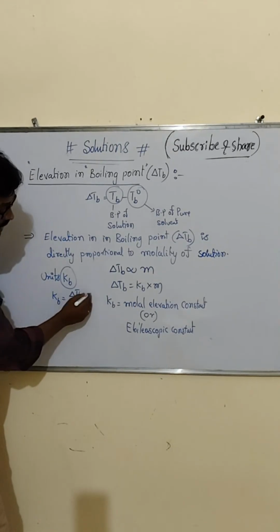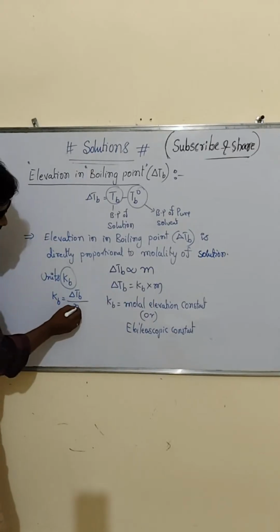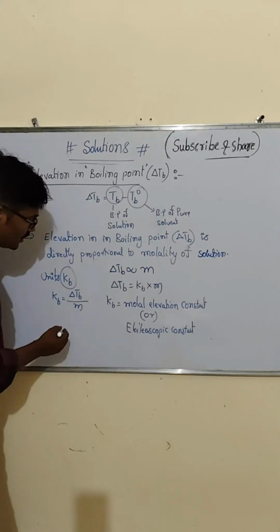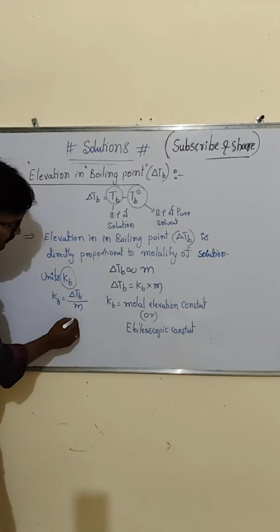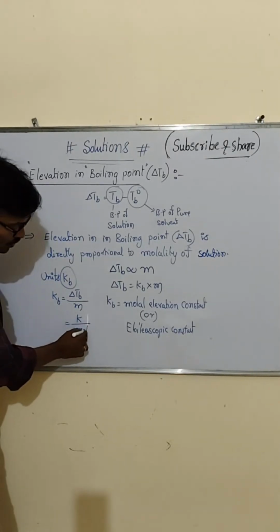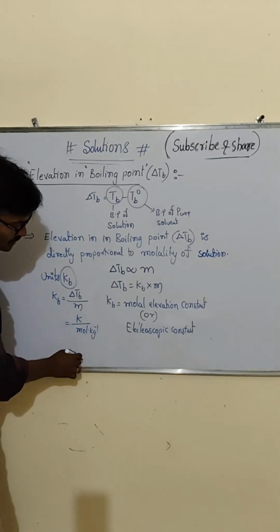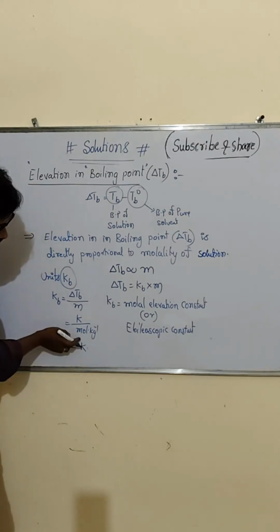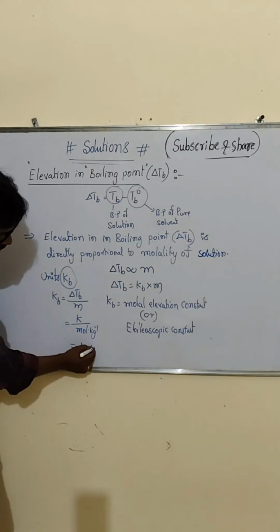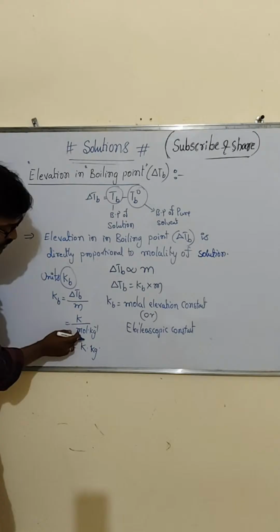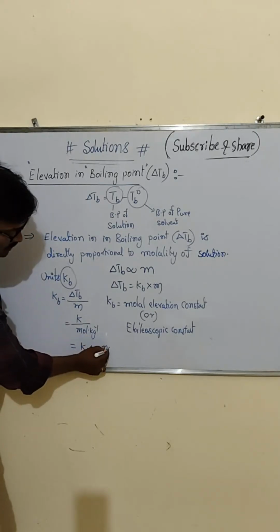delta TB divided by molality. Delta TB, the change in temperature, we can take in Kelvin, divided by molality, whose units are mole per kg. So the units are Kelvin kg mole inverse, or if temperature is in degrees Celsius, then degrees Celsius kg mole inverse.